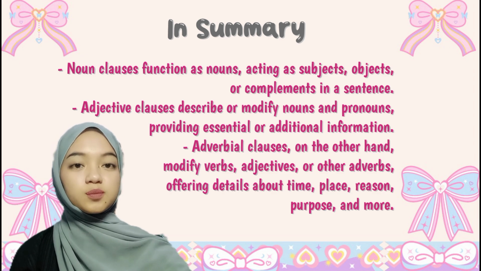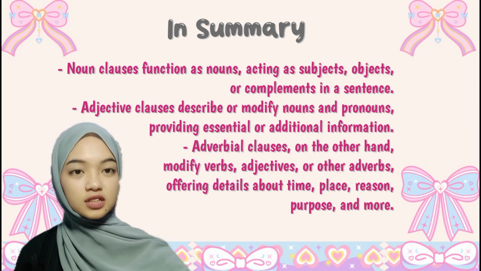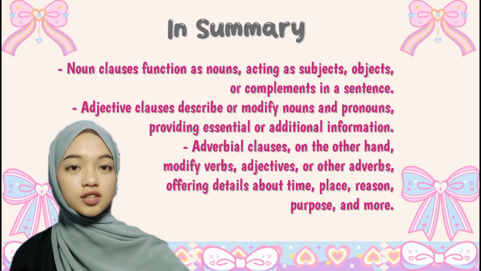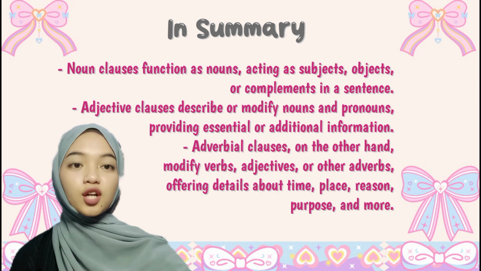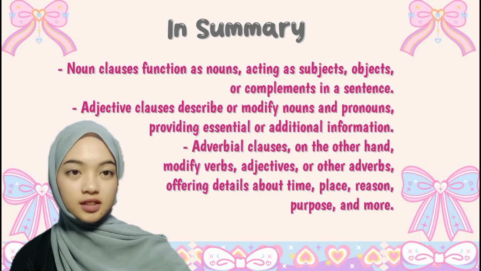Each type of clause plays a unique role in sentence construction, allowing for clearer, more detailed, and expressive communication. By using these clauses effectively, we can enhance both writing and speaking skills.